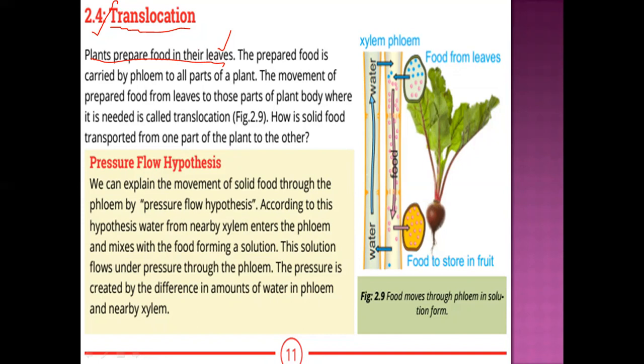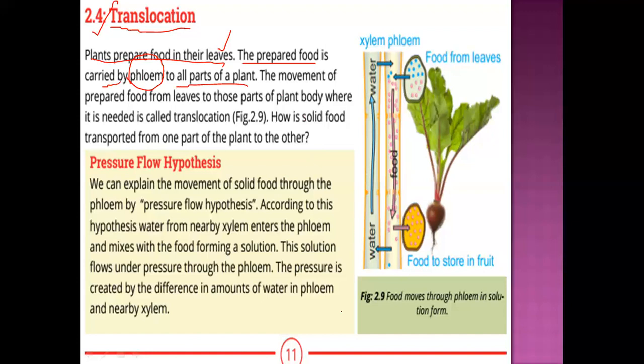Likewise, from the leaves, food is transported and stored somewhere else in the plant, not in the leaves only. So we will see here the process of translocation. Actually, the prepared food is carried by which type of tissues? Yes, phloem tissues to all parts of plants.